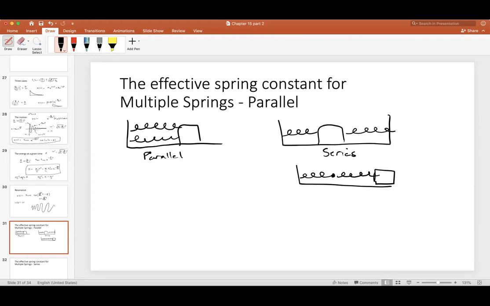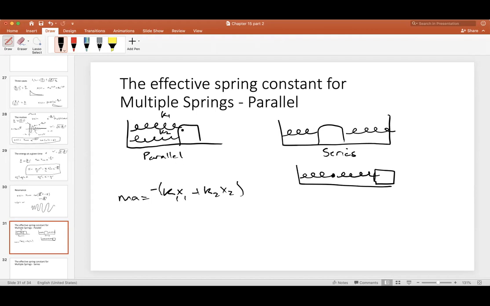We're gonna start with parallel, and if they're parallel, we assume here that MA is K1x1 plus K2x2, K1 and K2. And in order for this system to work in our simplified world, I should say negative, right?